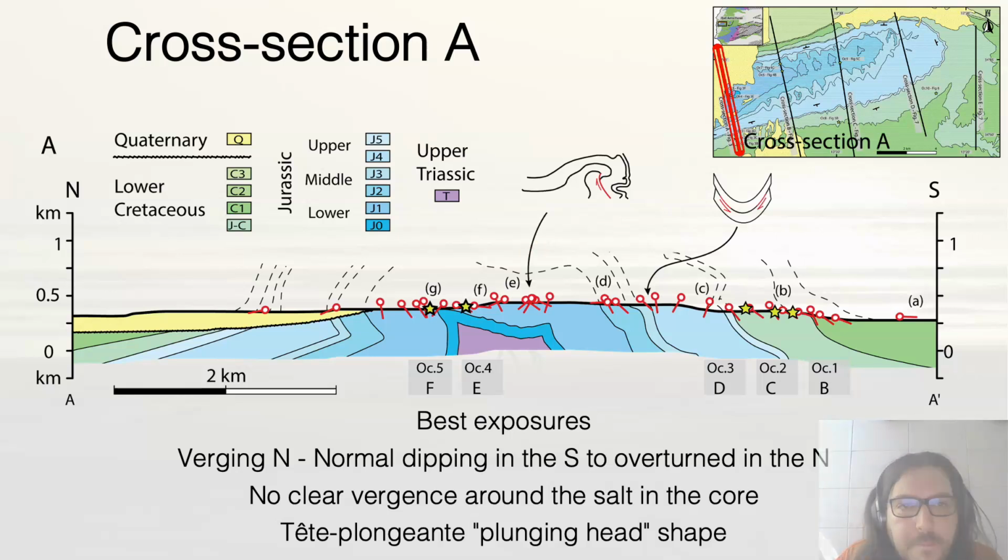And then they transition from horizontal to overturned layers here in the oldest rocks that are exposed. So overall, what this section shows is a northward tilting anticline with a plunging head shape that is located here in the central sectors.